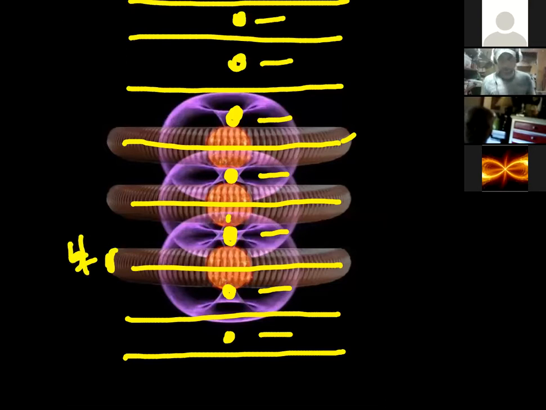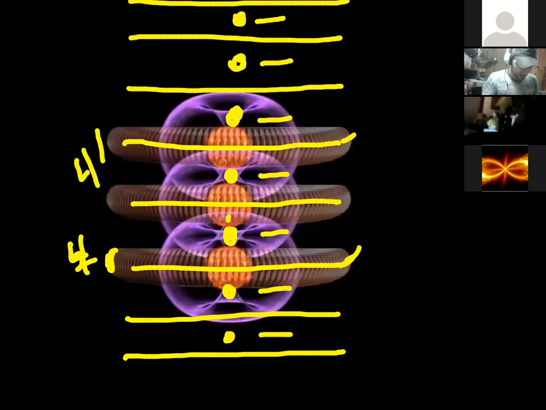And we're going to say that each one of these is 4, right? Because that's what we're making with these IQ devices. And so you've got four coils here. That means each one of these is 4 field interactions. So you have 4 times 8, because there's 8 coils. 4 times 8 is 32.